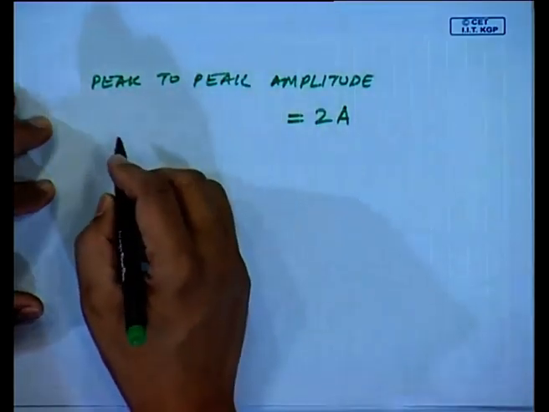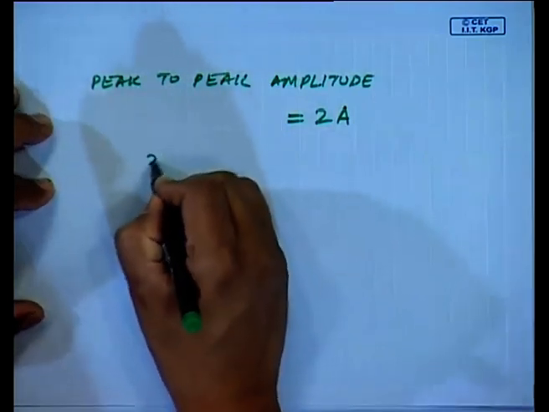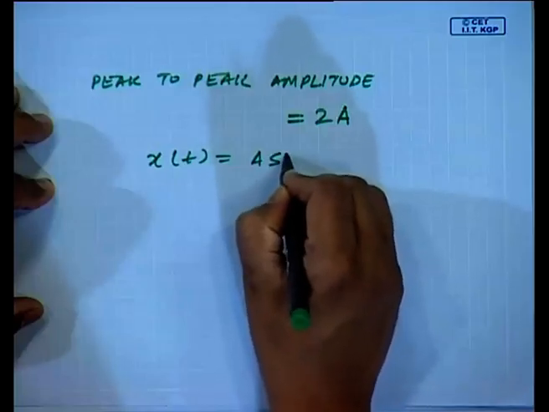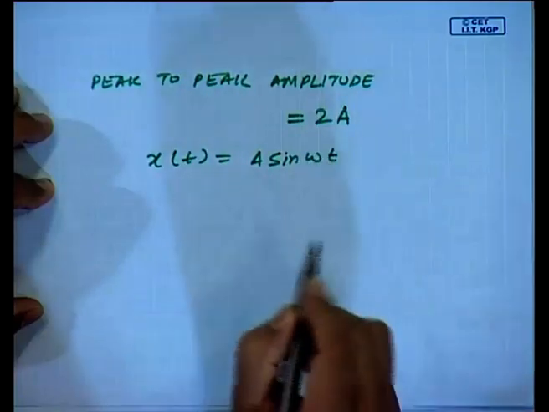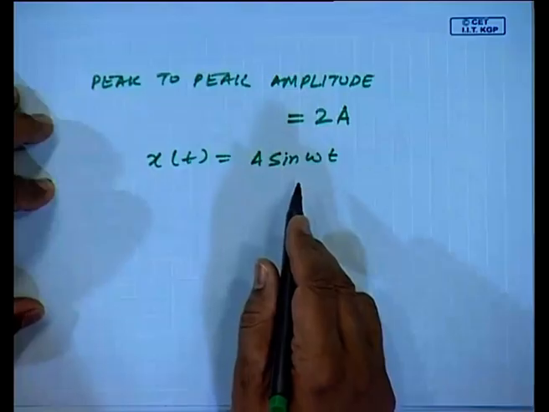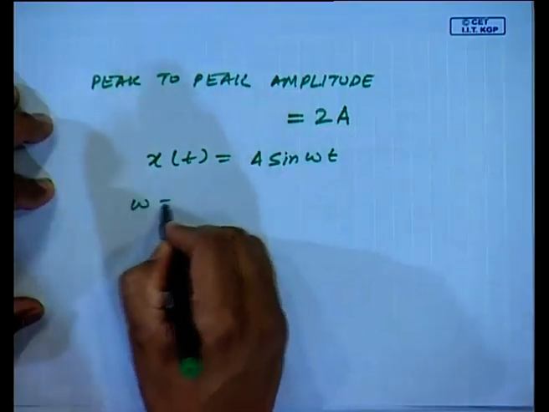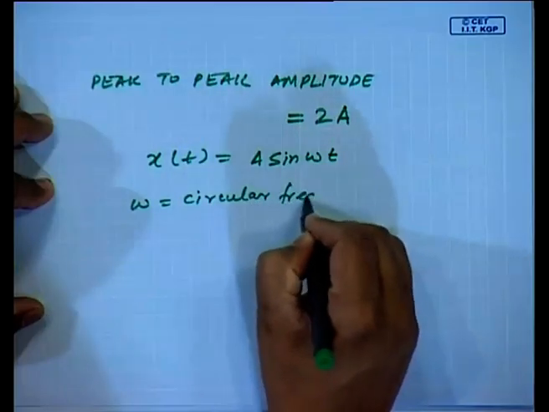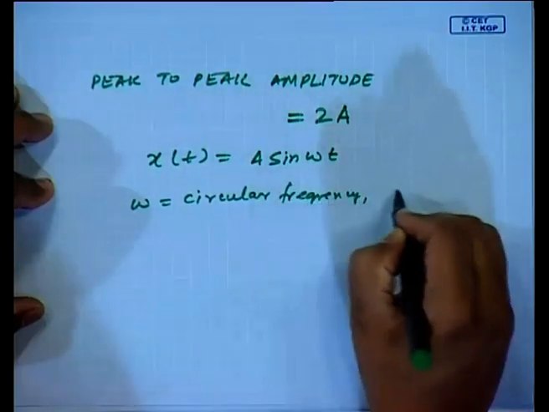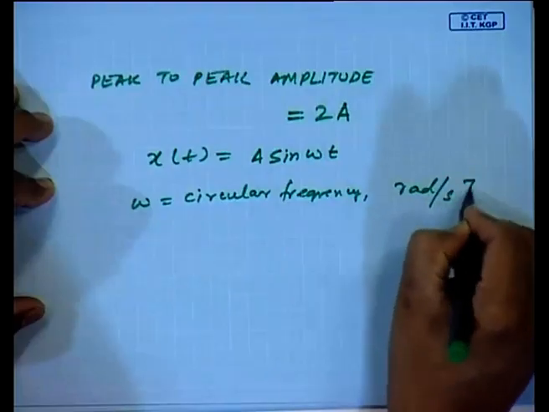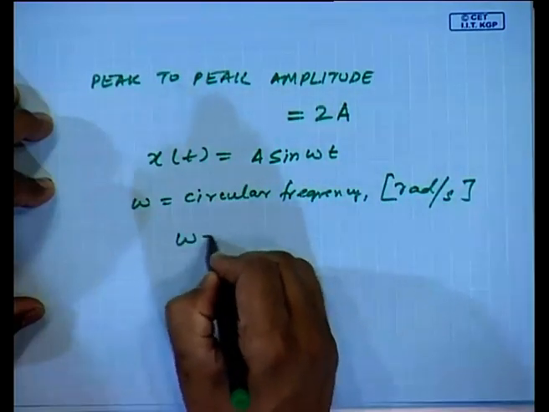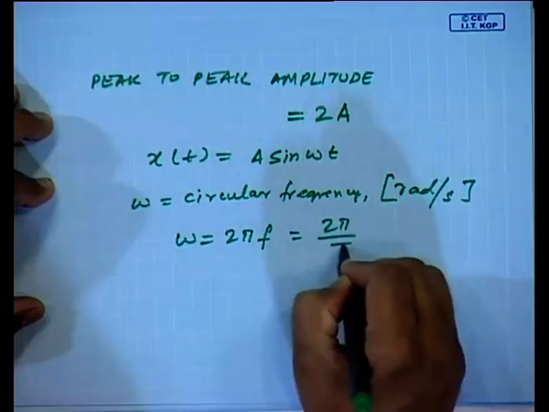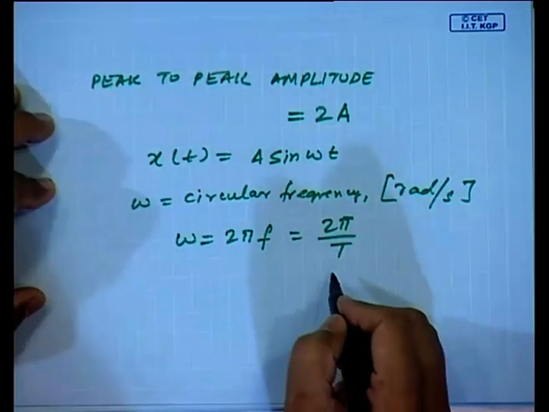Now, suppose this signal x(t) is given by A sin omega t. How is this omega related to the frequency? Omega is the circular frequency, its unit is radians per second, and omega is equal to 2 pi f or 2 pi by T, where T is the time period in seconds.